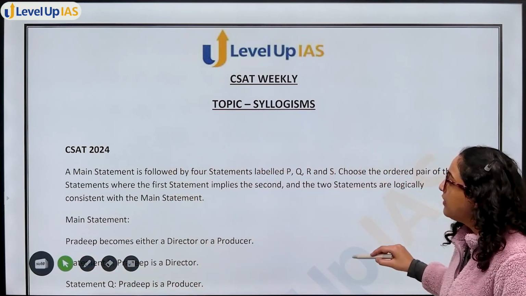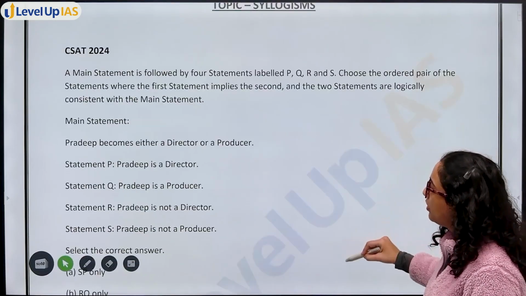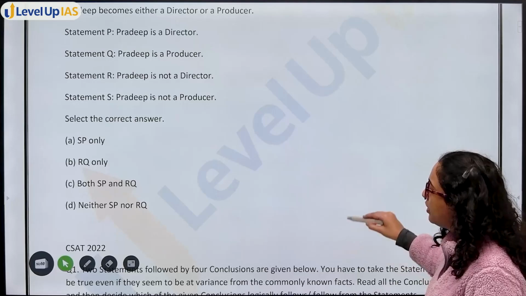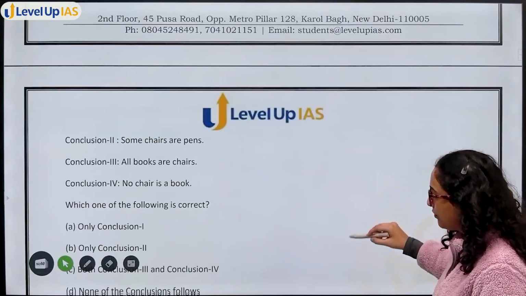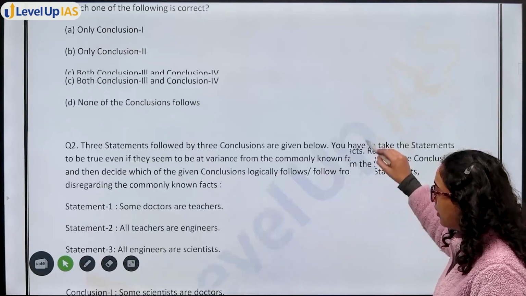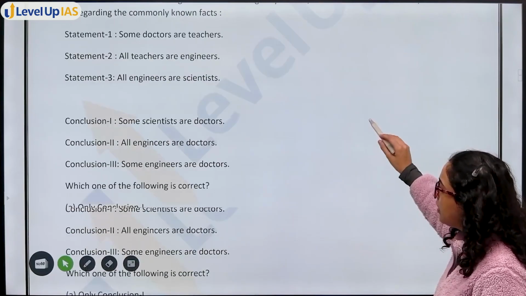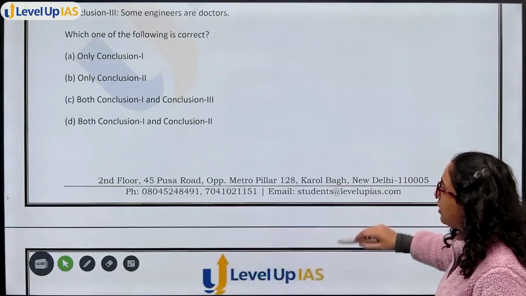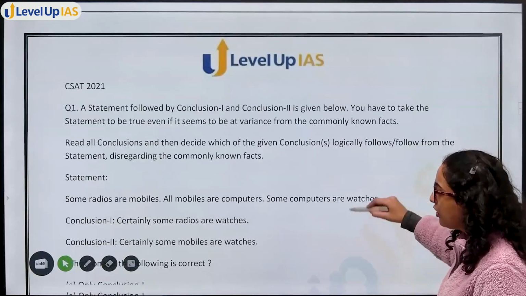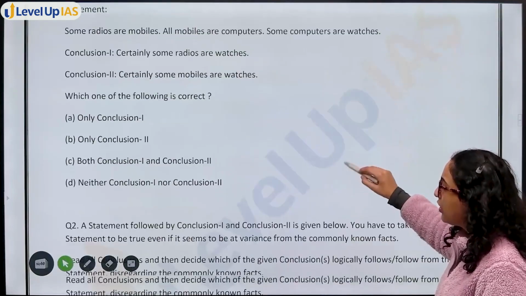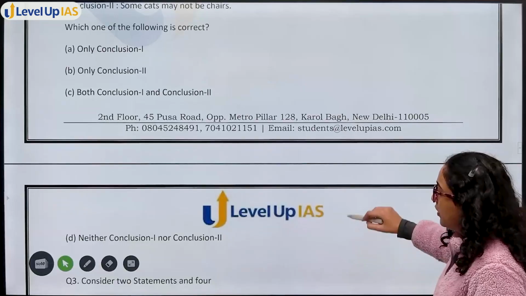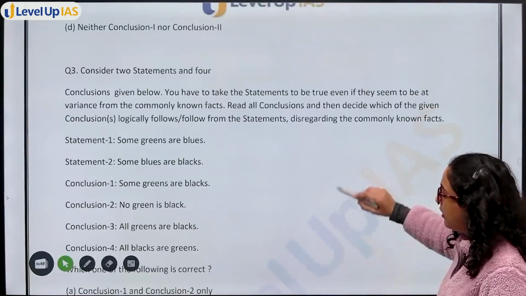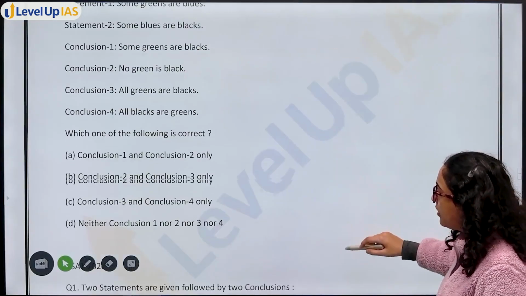So in CSAT 2024 there was a question, then in 2022 two questions, then in 21 also you got a question. So in 2021 you had 3 questions.